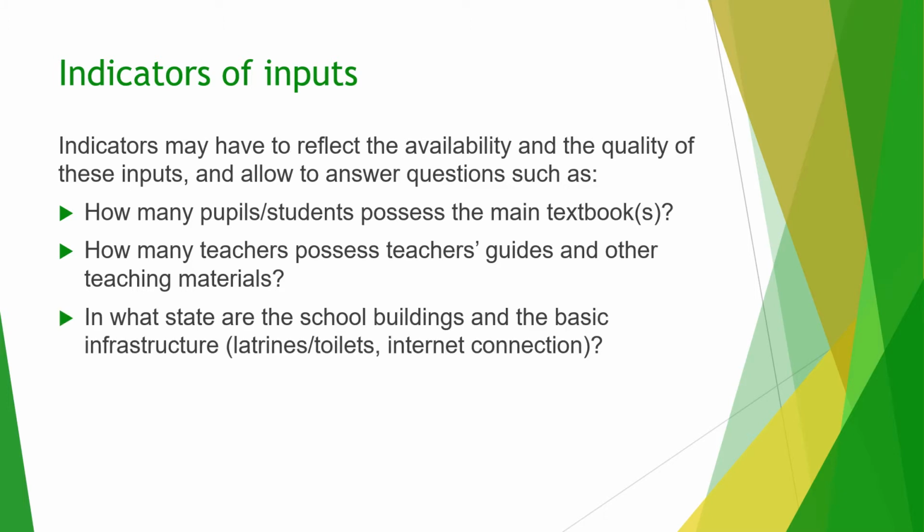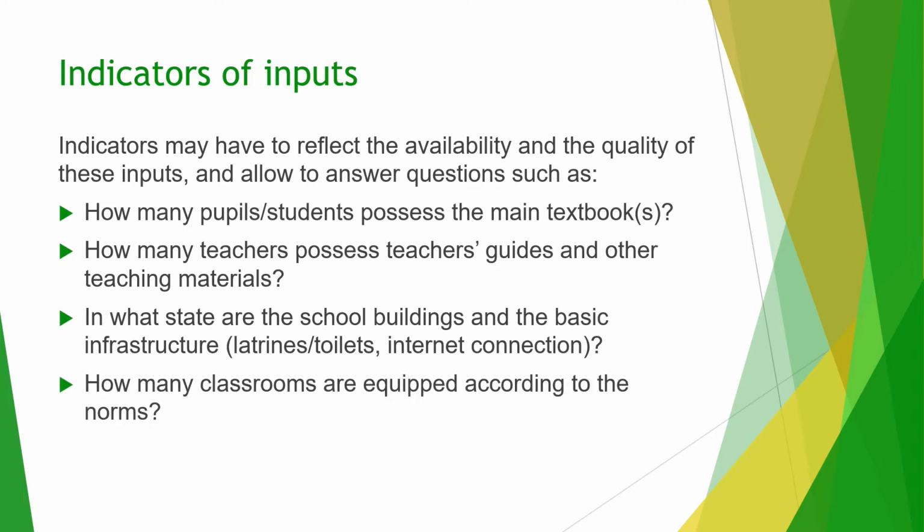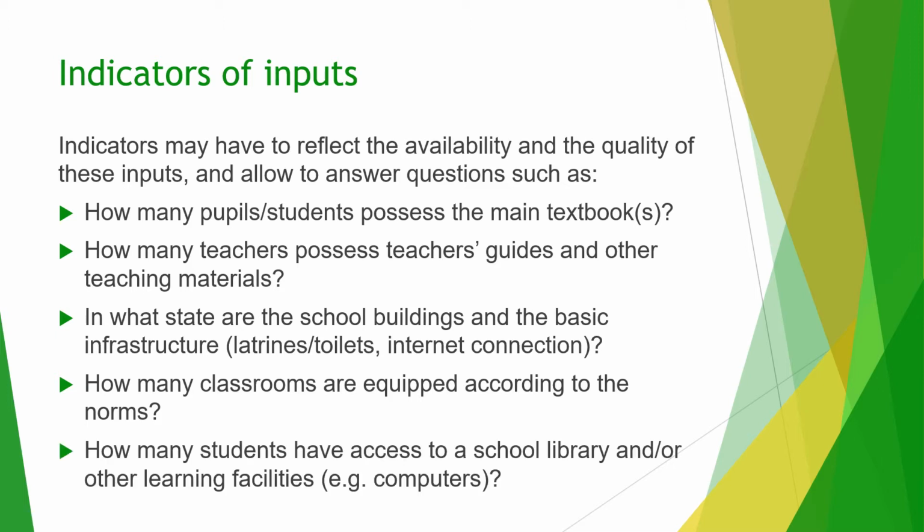In what state are the school buildings, the basic infrastructure? Do all schools have internet connections? Are there sufficient latrines and toilets? How many classrooms are equipped according to the norms? This would suppose that a country has defined a norm for classroom equipment. How many students have access to a school library? How many students have access to other learning facilities, and so on?